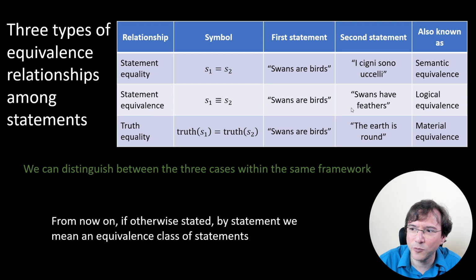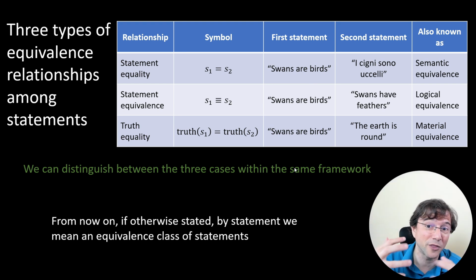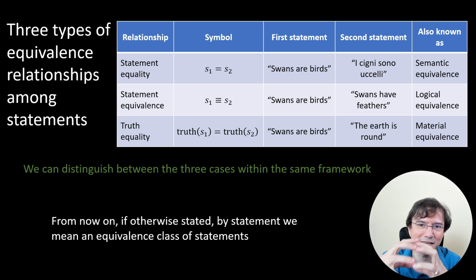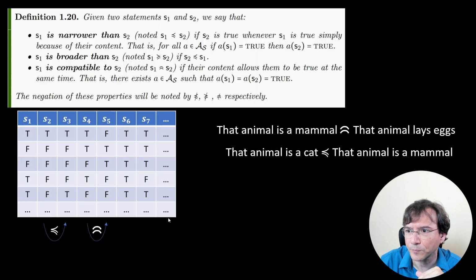We're going to collapse these statements into a single thing. We are going to call a statement the fact that we have one of these two statements, because at the end of the day, that's where the logic works. There are going to be some cases in which we might want to make the distinction, and we can if we need to, but at the end of the day, it's statement equivalence that is important to us. So for us, a statement is one of these things that always have the same truth value in all the assignments. Okay?